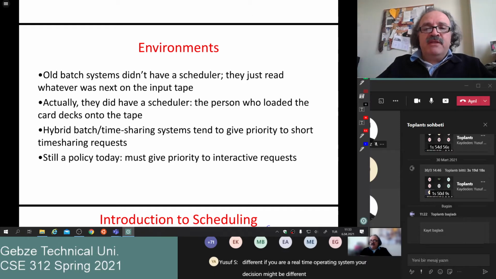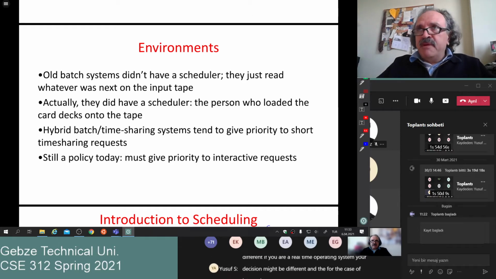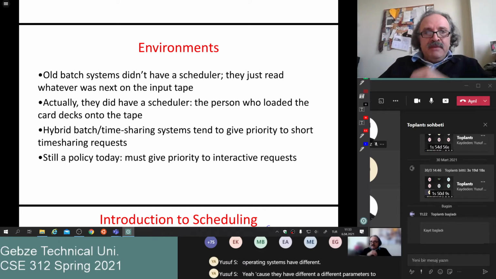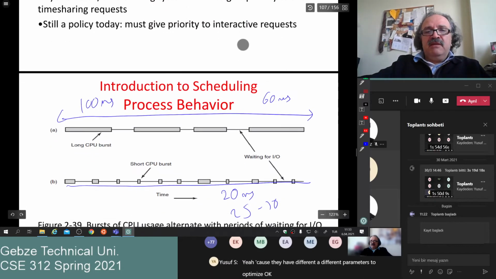And for interactive systems, your decision depends on different criteria, because, as you know, different types of operating systems have different goals and different parameters to optimize.